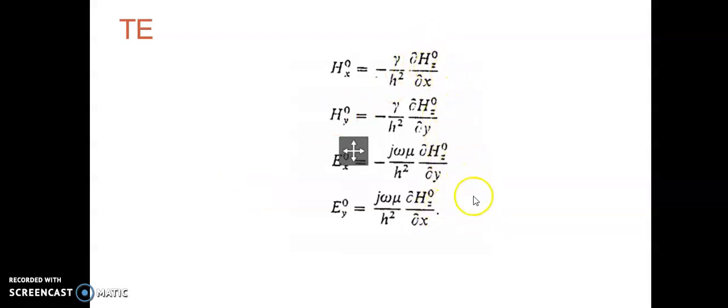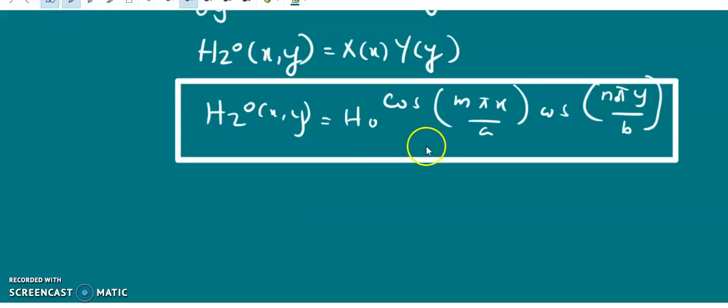Hx0, Hy0, Ex0, Ey0 are zeros. And for TE mode, we know that Ez0 is already 0. So all the components other than Hz0 are zeros, and Hz0 is a constant. So this configuration is not possible. So in a TE mode, either m or n can be 0, but not both.